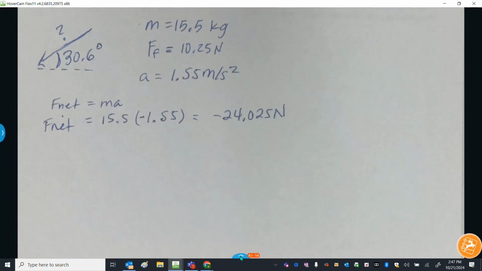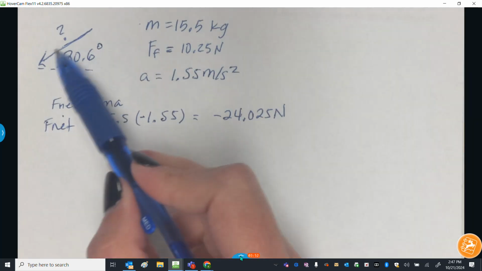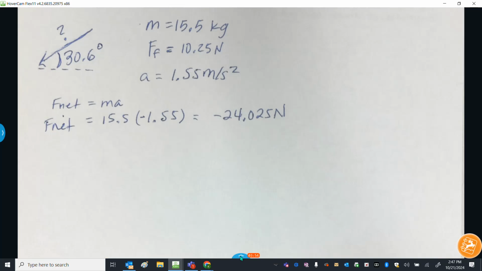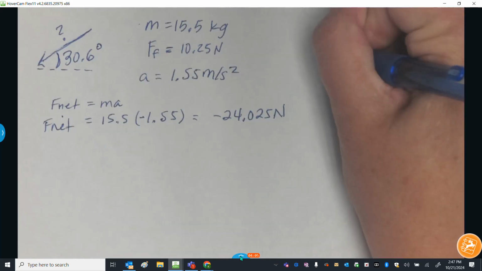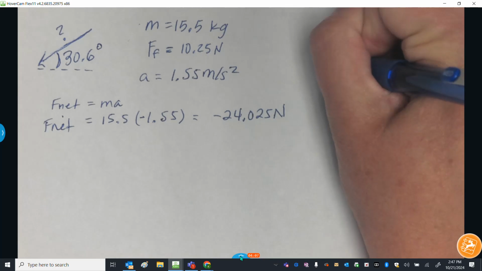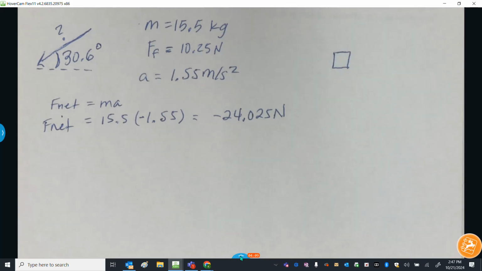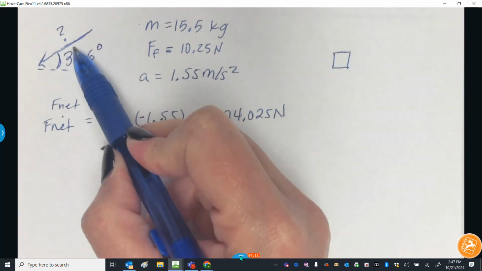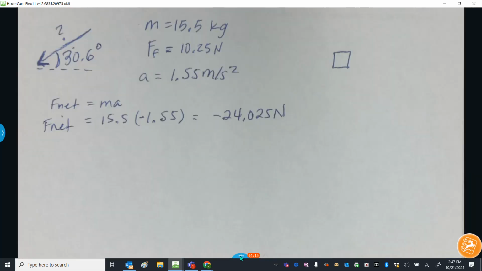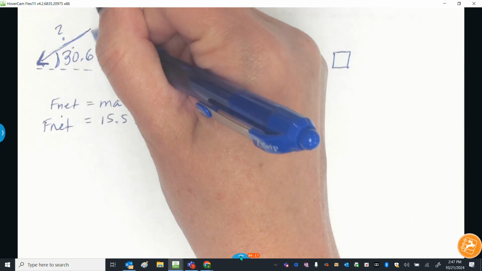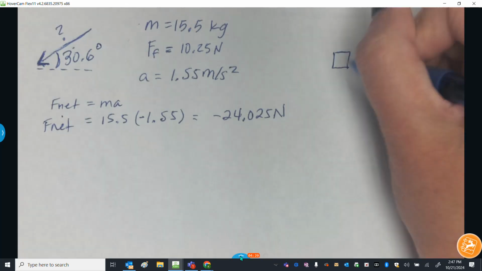All right, so again, this is not where I'm going to stop in this problem. I'm going to actually solve what the question initially asked for, what is the force the student uses. The student, again, is pushing this lawnmower at an angle. But now I have a net force, and what I really need to do is draw a free body diagram so I can see all of the other forces, and we could have done this step first if we wanted to. So I know that when the student applies this force to the lawnmower, because of the way that it was drawn in the diagram and the way that I drew it on my paper, this is going to have a downward component and a leftward component.